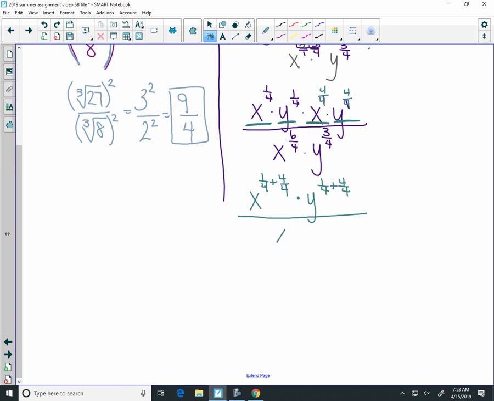The denominator, I'm just going to leave down there for a minute. In my numerator, 1/4 plus 4/4 is going to give me 5/4. Just going to recopy that denominator there.